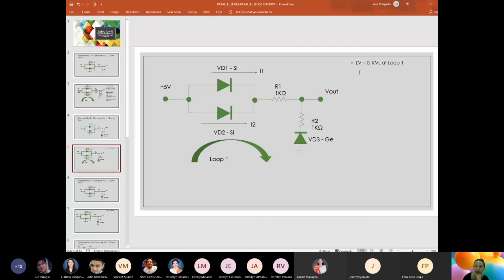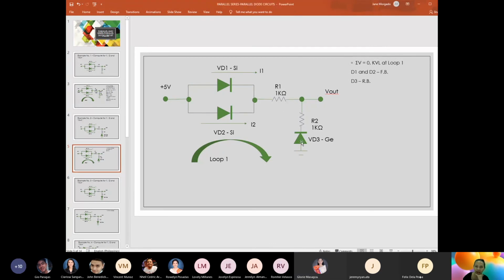Okay, so let's proceed. Alamin muna natin yung state ni D1 and D2. Anong state ng D1 and D2? Forward. How about D3? Reverse, ma'am.